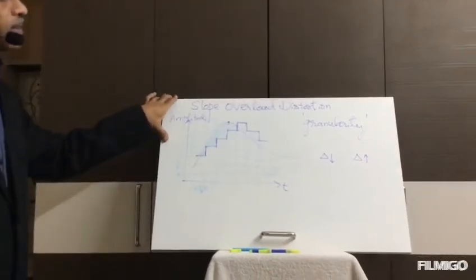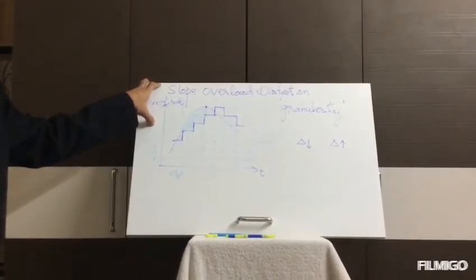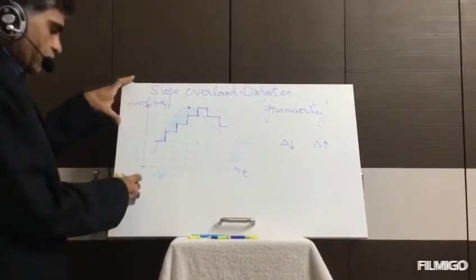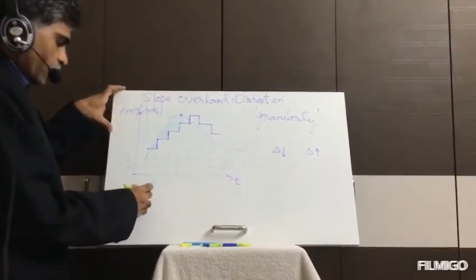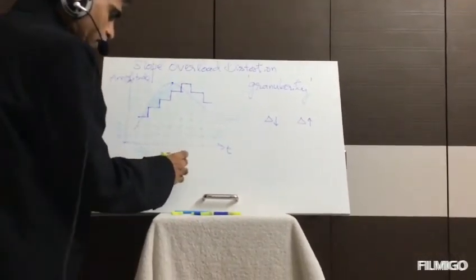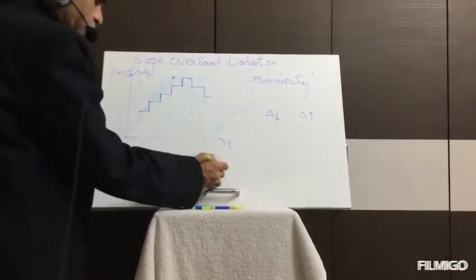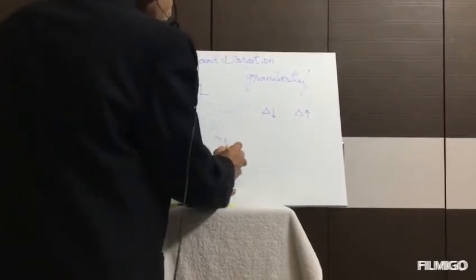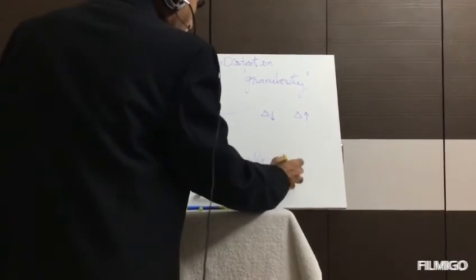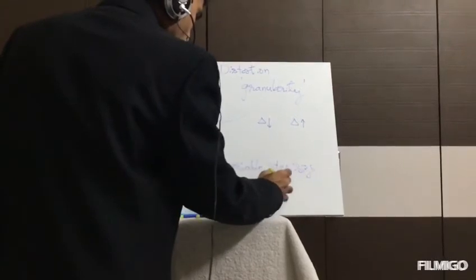But both of these distortions can be overcome once you modify this delta modulation and arrive at an adaptive delta modulation technique, which we simply indicate by ADM, adaptive delta modulation, which is also named continuously variable step size modulation.